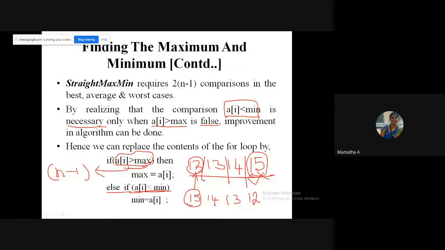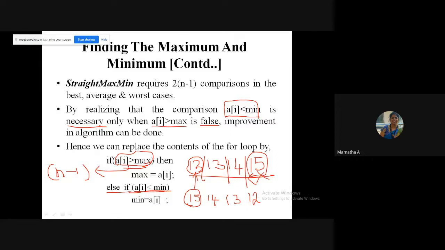This will be evaluated as what, students? Max is 15. 15 is compared with 14, then 13, then 12. What will be the status of this condition? Always false. So since this is false, it will execute this else if block, isn't it so?